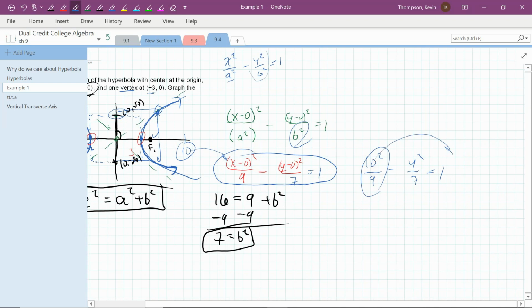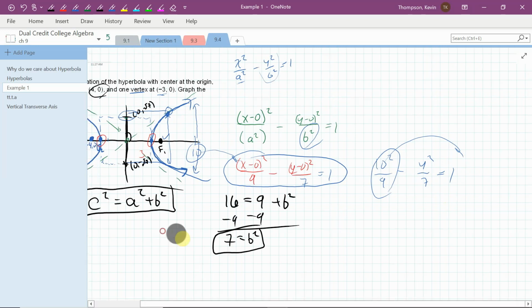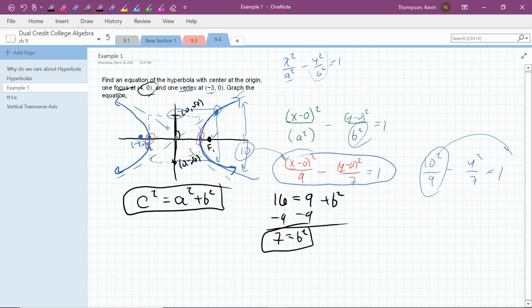I could move that to the other side. I could multiply by -7 on both sides, or divide if you think of it that way. Then take the square root, plus or minus. You'd have the +1 above and the -1 below the x-axis there. So that's an option that works. I like the asymptote method better because it's a consistent thing.